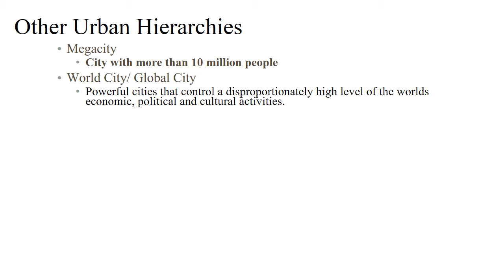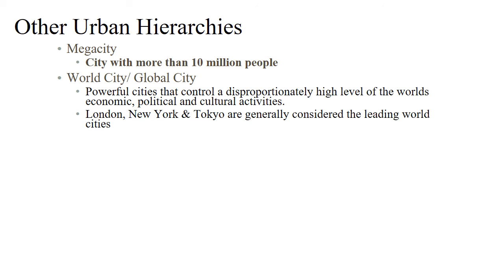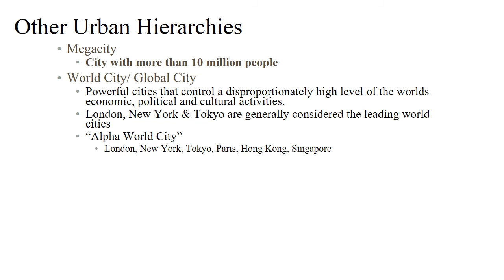For example, London, New York City, Tokyo are all considered, in particular, alpha world cities because they are all major media hubs, the center of influential stock exchanges and financial institutions, the city headquarters of major corporations, or even international organizations like the UN, right? The United Nations has one of its headquarters in New York City.